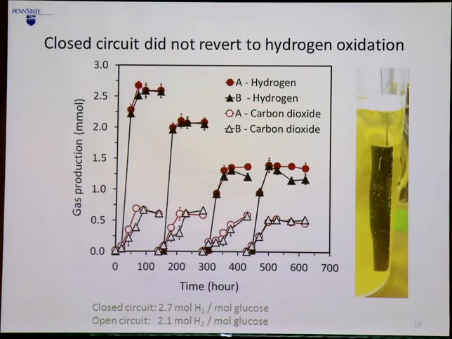However, when group B was left in open circuit, an oxygen oxidation phenomenon showed up in group B, but this was not found in the closed circuit of group A. At the end of the 4th cycle, the hydrogen production per mole of glucose consumed is higher in closed circuit group A than in the open circuit.